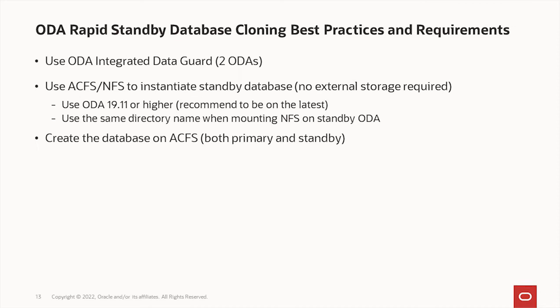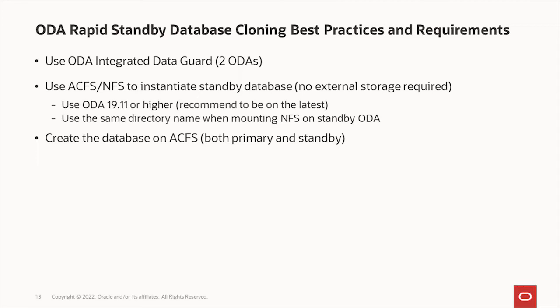And so on this slide, you can see the best practices and the requirements. This is between two Oracle Database Appliances. As Paul mentioned already, the database has to be on ACFS. We recommend that if you have an NFS server, you can just go ahead and use it.